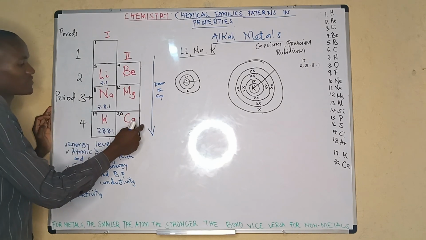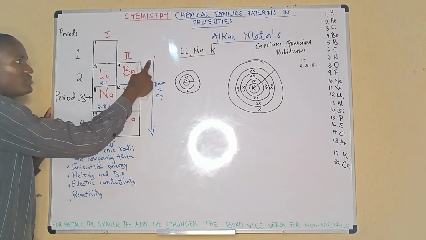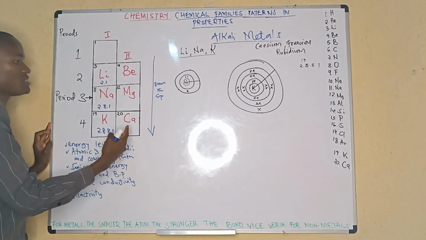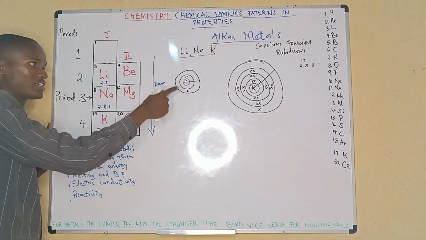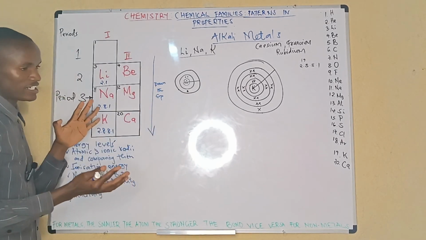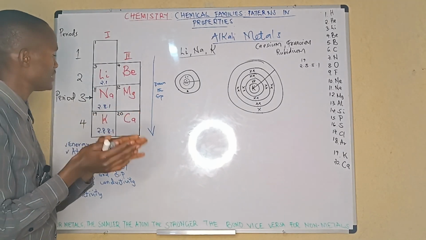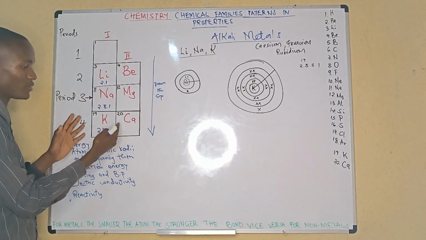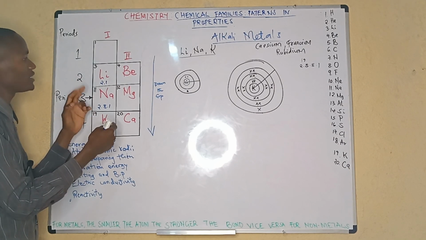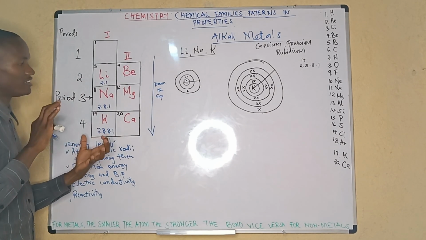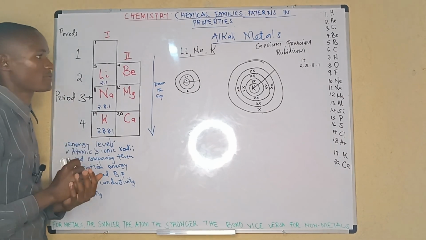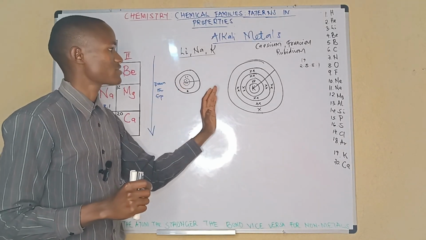So when you are going up the group, the atomic radius decreases, because we have the biggest one at the bottom. If we go up the group, the atomic radius decreases. So done with that, let us go to the ionic radius.